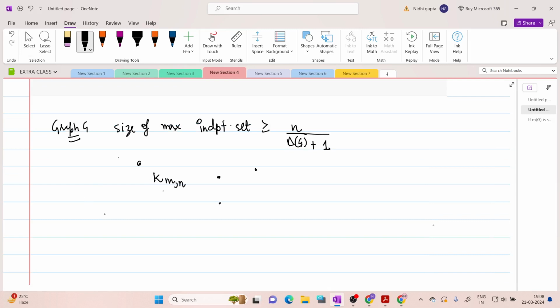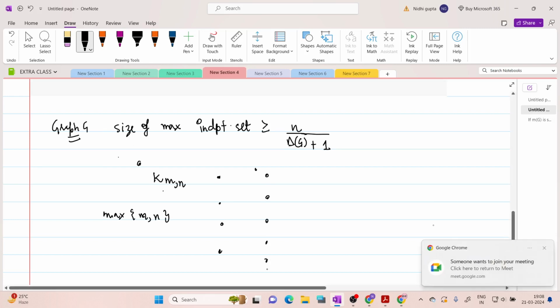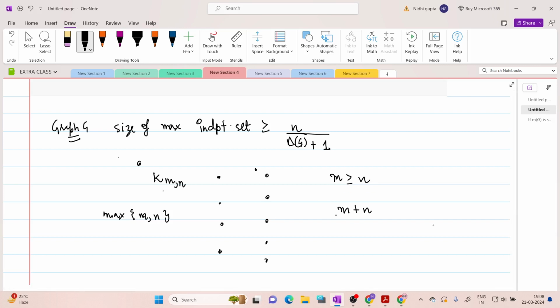So it is the maximum of M, N. Suppose M is greater than or equal to N. Then for this inequality, the size of the maximum independent set is M, and it should be greater than or equal to the number of vertices, which is M plus N, divided by the maximum degree.